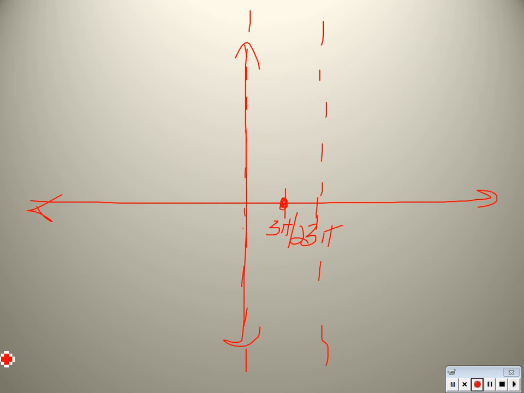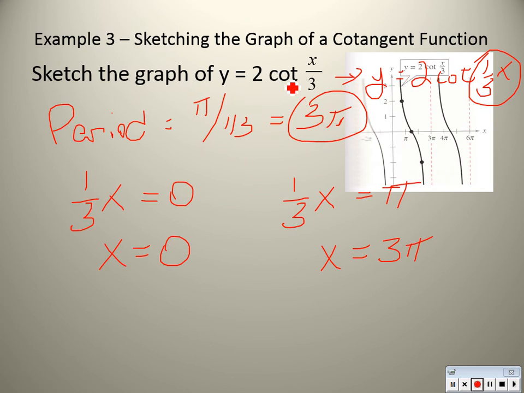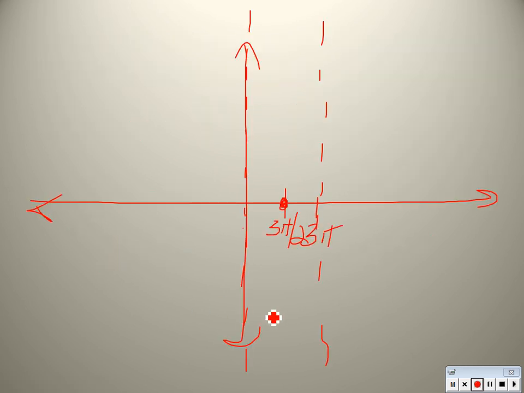And you'll notice I have this 2 in front of the function. Similar to what we said in the second example, that 2 just vertically stretches the graph. So when I draw my chair-like shape between the two asymptotes, I want to draw it a little bit tighter to the 3 pi over 2 than to the asymptotes.